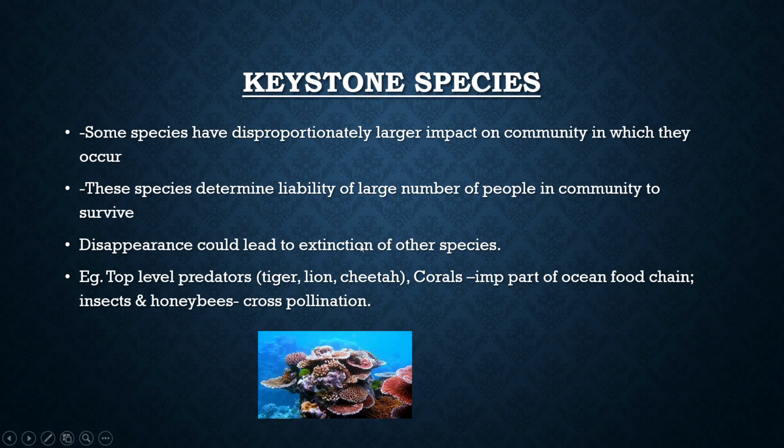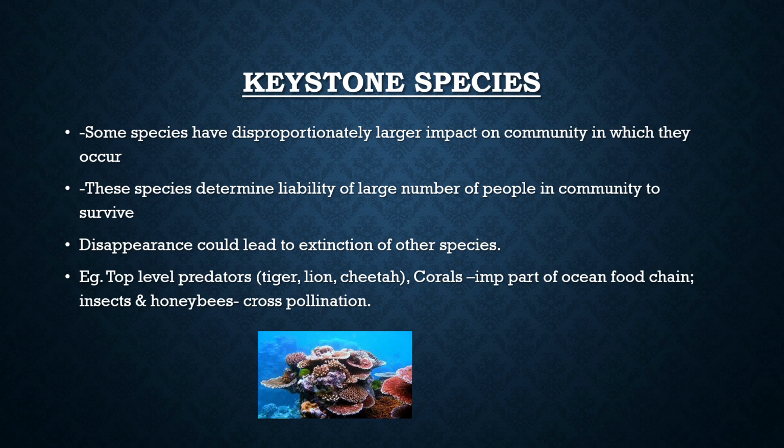For example, we have top level predators, like tiger, lion, cheetah. These are said to be top level predators because they are at the top of the food chain.